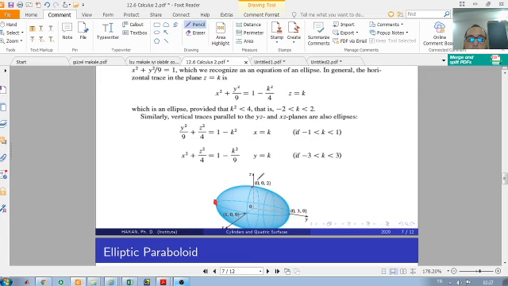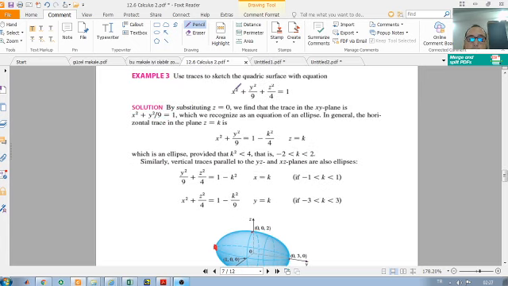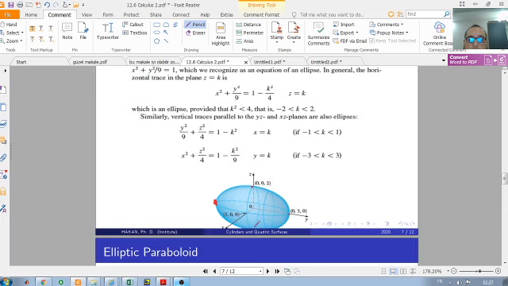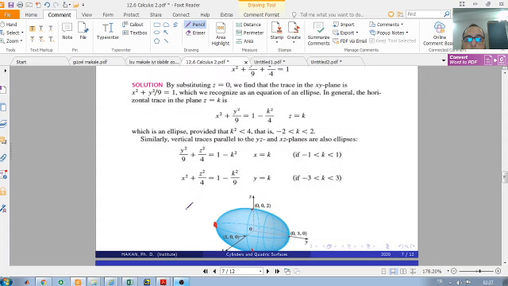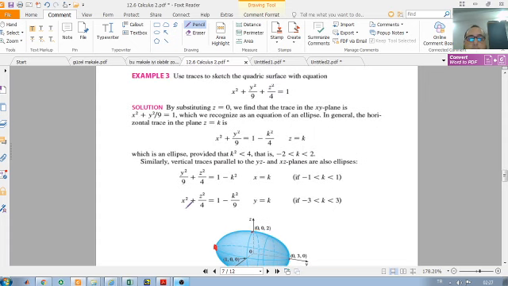And similarly for the z-axis, if you write 0 for x and y, we get z squared over 4 is equal to 1. So z can be plus 2 or minus 2, and we obtain the limit points of the ellipsoid, and you can sketch the graph of the ellipsoid. And you can understand the traces by writing 0 for one of the variables x, y, and z.